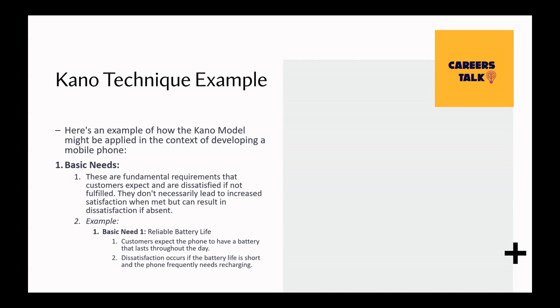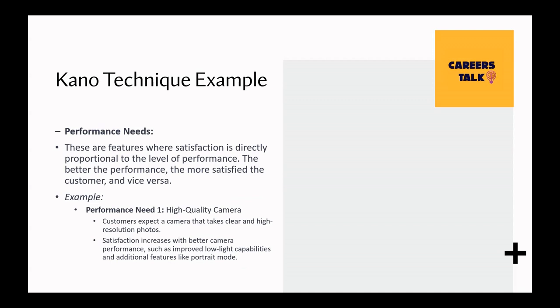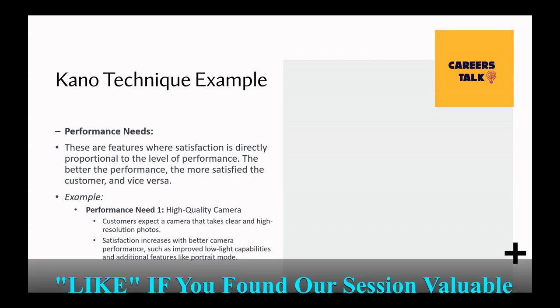So the basic need is, I can say, battery life when we are developing in the context of a mobile phone. Performance need is like a high quality camera. You can give a camera of 2 megapixel, you can also give a camera of 13 megapixel. But the more you give as a feature, the customer's expectation would be, well, I have this camera quality in the same price tag, and it helps me to take clear and high resolution photos.